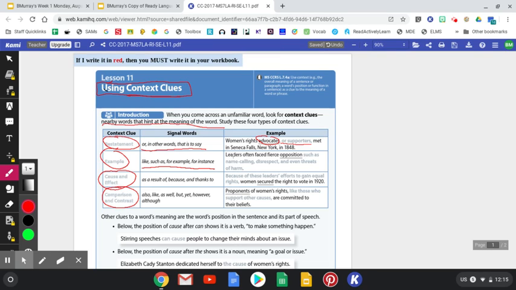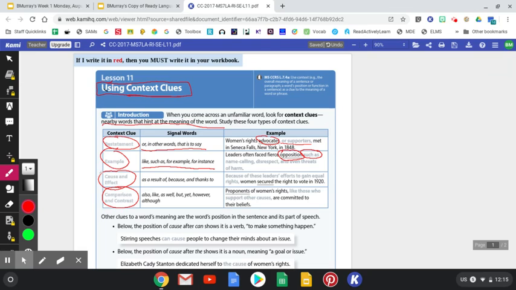Over here my example says leaders often face fierce opposition, such as name calling, disrespect, and even threats of harm. Well, I've got the word opposition here, and this signal word, such as, lets me know that it's about to be an example. So I know that examples of opposition are name calling, disrespect, and even threats of harm. So those are words that let me know what opposition means.